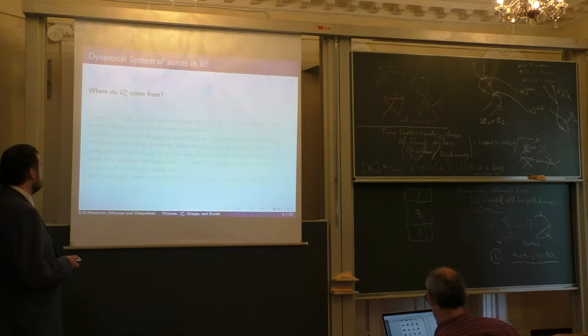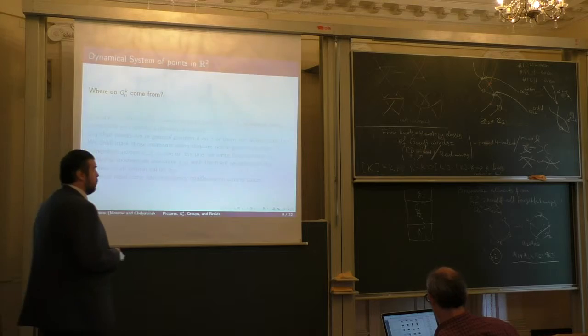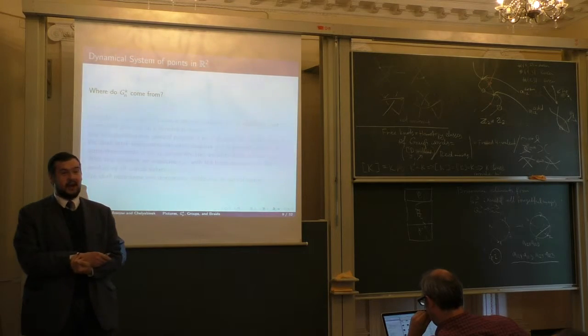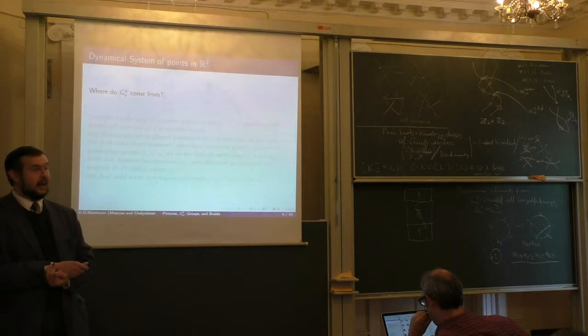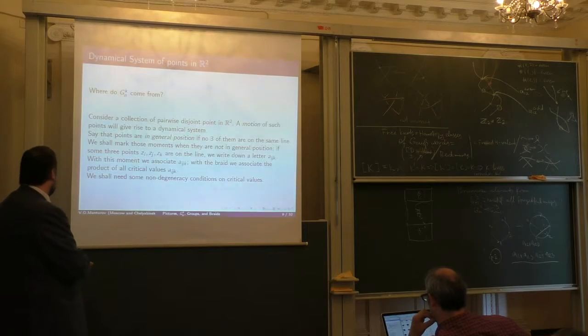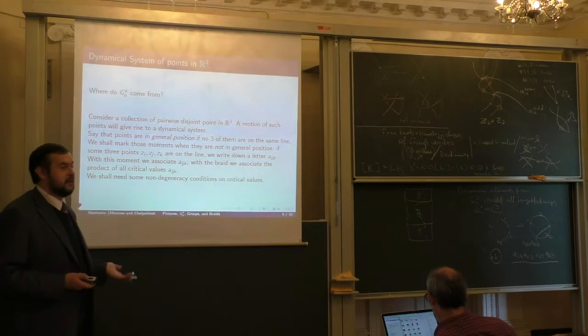Now, dynamical systems of points in R^2. As usual, we want to look at an n-strand braid as a motion of a collection of n points. When we have these n points, we mark all those positions when some 3 of them are on the same line.